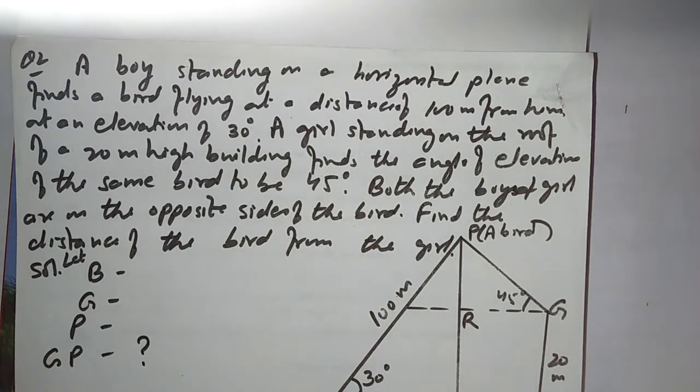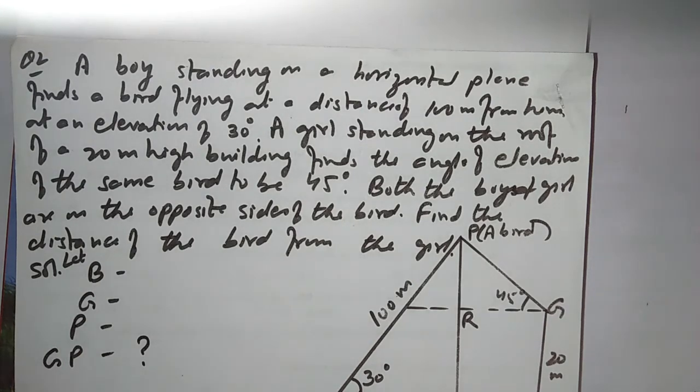A girl standing on the roof of a 20-meter high building finds the angle of elevation of the same bird to be 45 degrees. Both the boy and the girl are on the opposite sides of the bird. Find the distance of the bird from the girl.